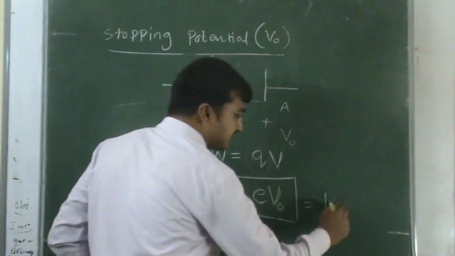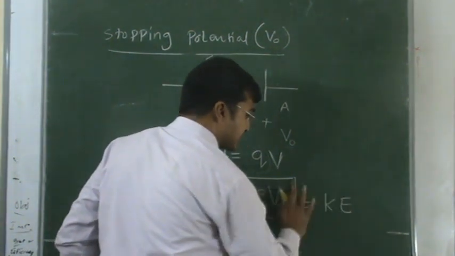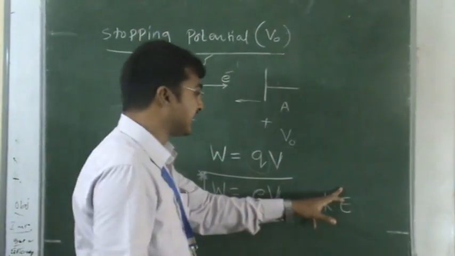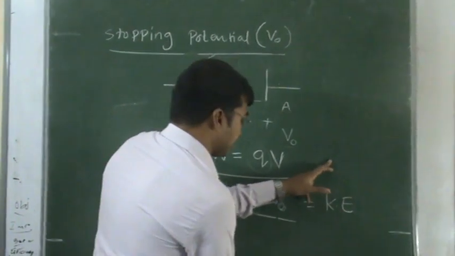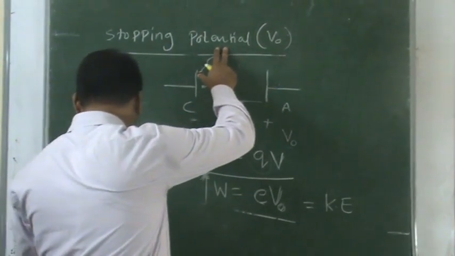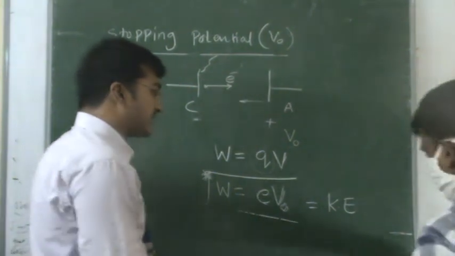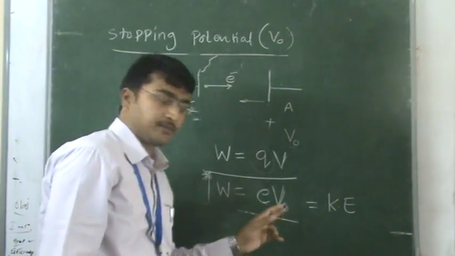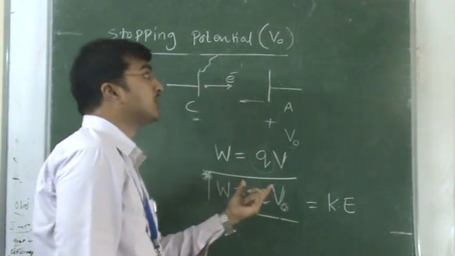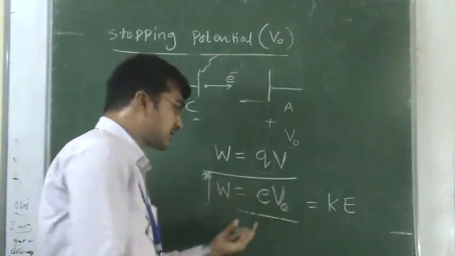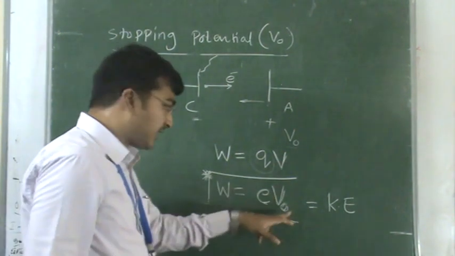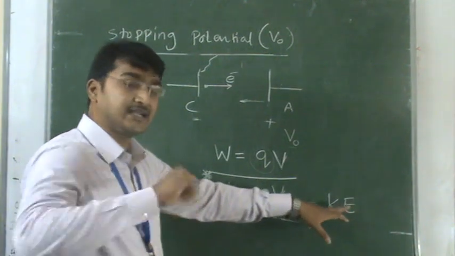So the same amount, that means this work done is equal to the kinetic energy of the electron. Understand? The potential we applied to the anode, the stopping potential, will do work on the electron, how much? eV0. This work done on an electron is equal to the kinetic energy of the electron.